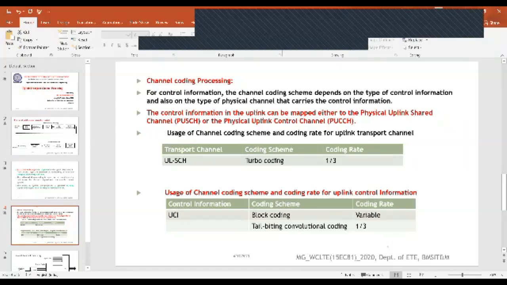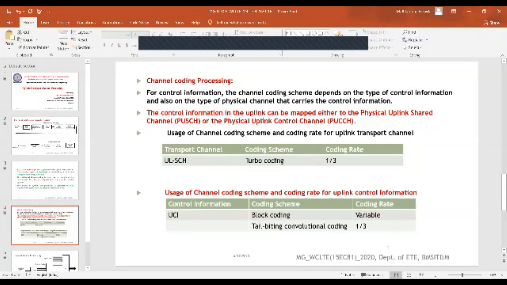And for control information in the uplink, here we say it is UCI, that is uplink control information. In the downlink we used to say it is DCI, right? Similar to that, here we say it is UCI, uplink control information.